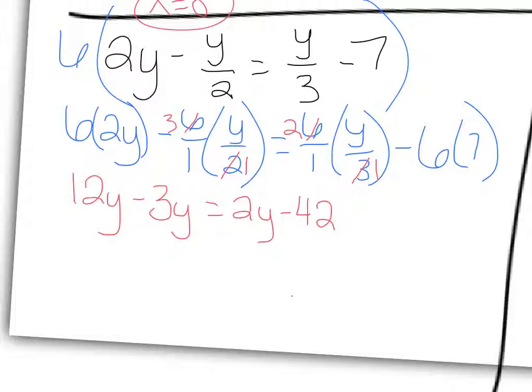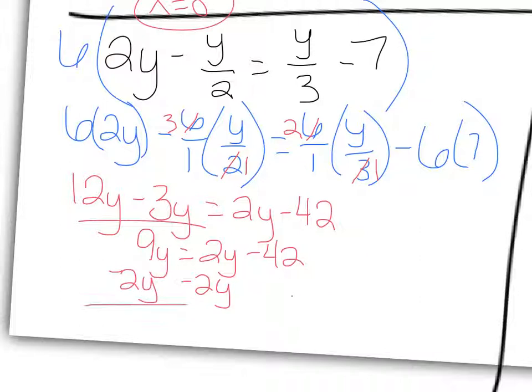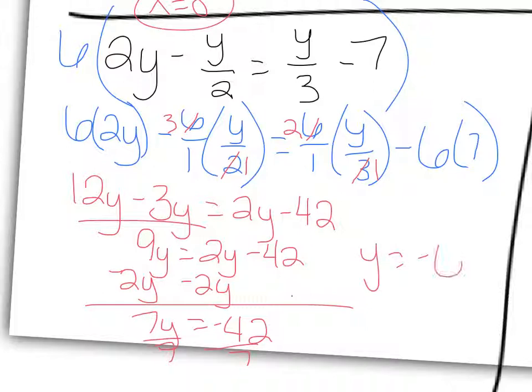I have y's on both sides of the equal sign, but before I get them all on one side, I have 12y minus 3y, which gives me 9y, equals 2y minus 42. And now if I subtract 2y from both sides, I get 7y equals negative 42. So y equals negative 6.